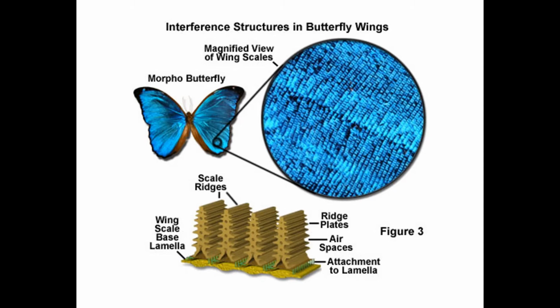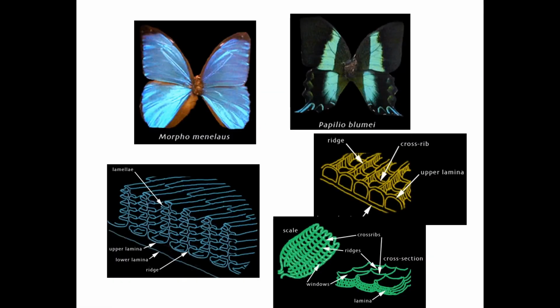So if you look down at the bottom, the scale ridges, these edges here cause light to reflect off of them, but that light will be out of phase with itself, and the effect is those brilliant colors. Here's some more beautiful butterflies causing the light interference within themselves because of the structure, the cellular structure of their wings.